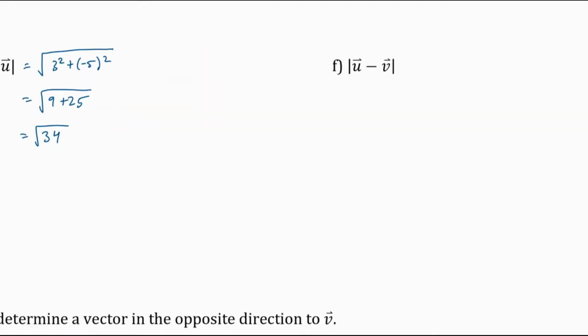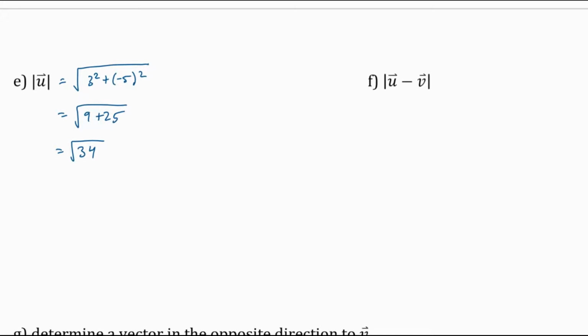Okay, and then how about the magnitude of vector u minus vector v? You could do this all in one step, but I'm going to do it in 2 steps. Vector u minus vector v is (3, -5) minus (-2, 4), which is 3 minus negative 2, or 3 plus 2, which is 5, and negative 5 minus 4 is negative 9.